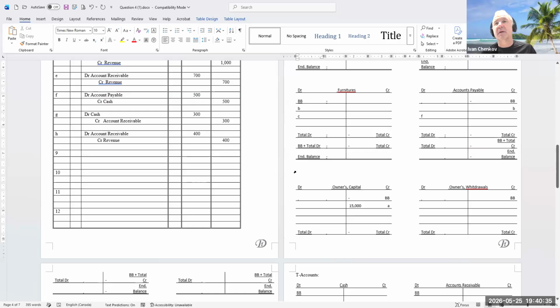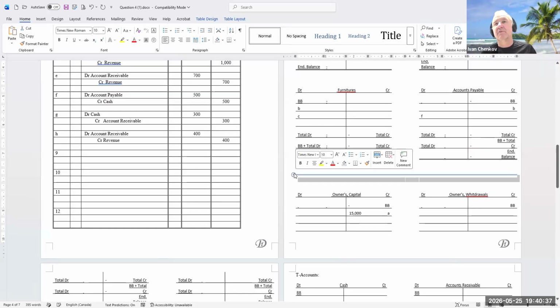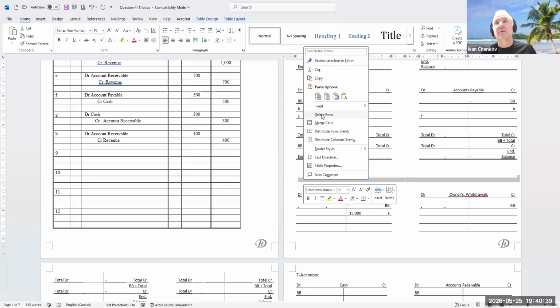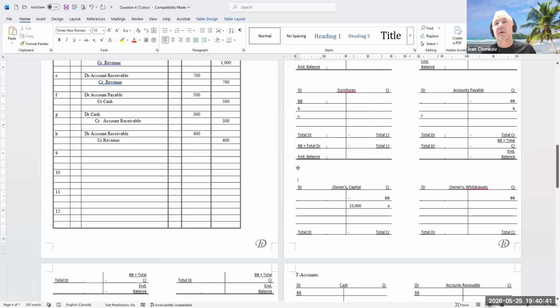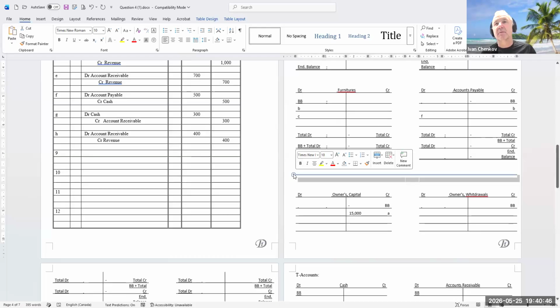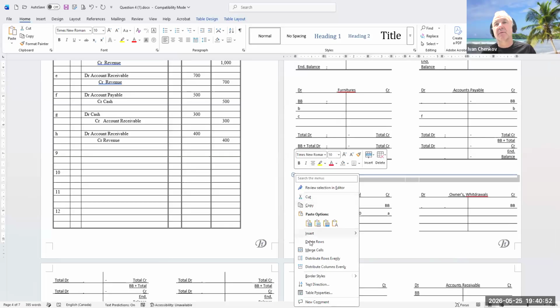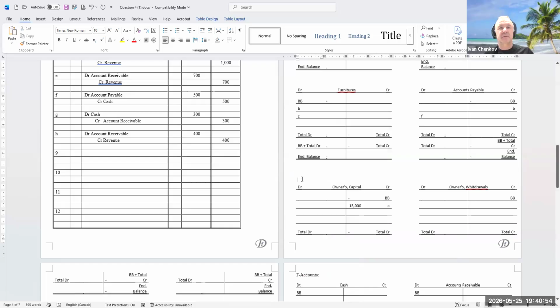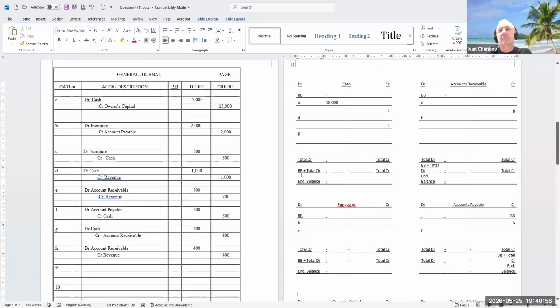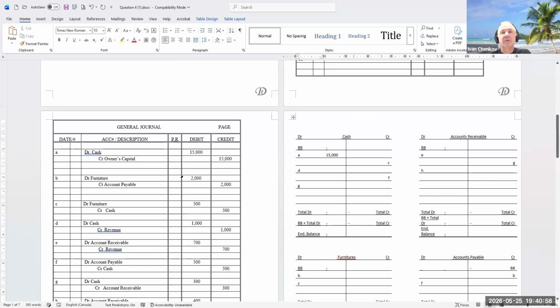And my first record is done. Trying to delete this row and make it a little bit smaller. Let me see. No, it's not going to let me. Trying to bring it a little bit up, but I'm going to work on it a little bit later.